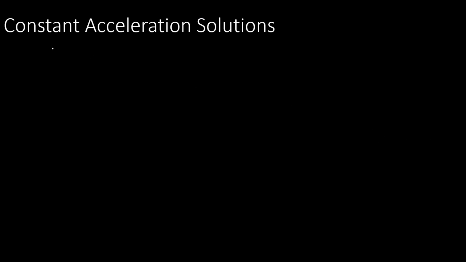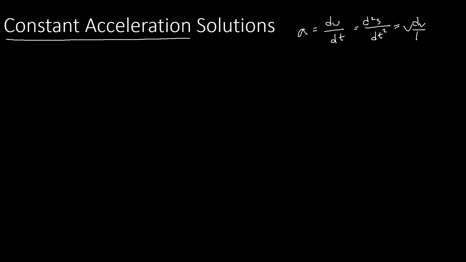So now you'll notice the title of this slide is Constant Acceleration Solutions. And the reason we say constant acceleration here is because you'll run into a lot of situations where your acceleration will be constant. So instead of trying to deal with solving the integral every time on the equation we saw on the previous slide, which we'll just go ahead and write up here so that we can see it: a is equal to dv/dt equals d squared s/dt squared equals v dv/ds.